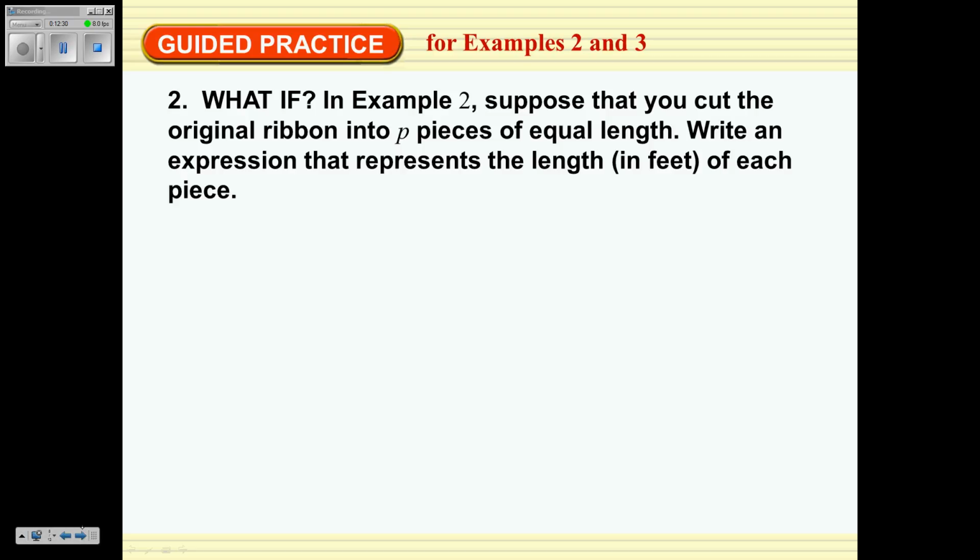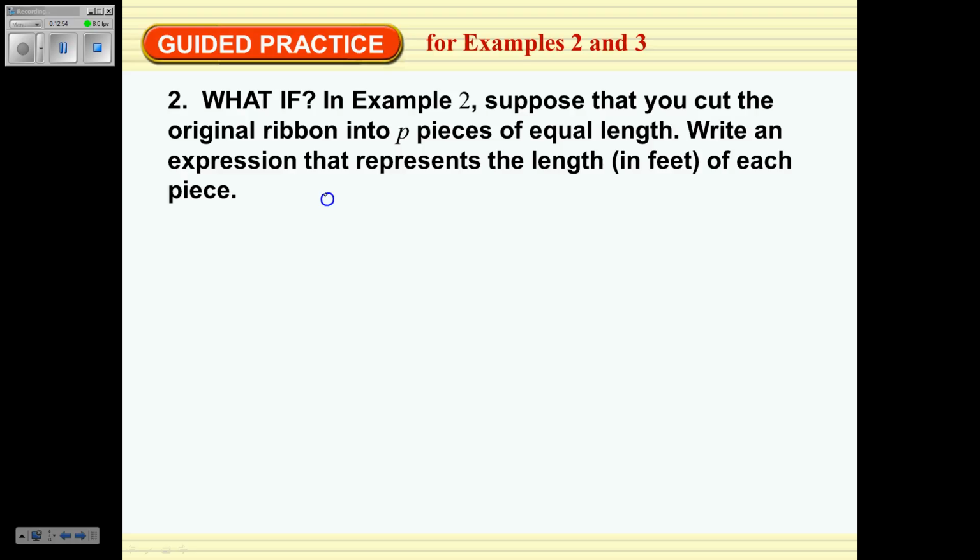Okay, some guided practice. We're going back to our example with the ribbon. In example 2, suppose that you cut the original ribbon into P pieces of equal length. Write an expression that represents the length in feet. Now I'm going to go ahead and help you with the verbal model if you wanted to.